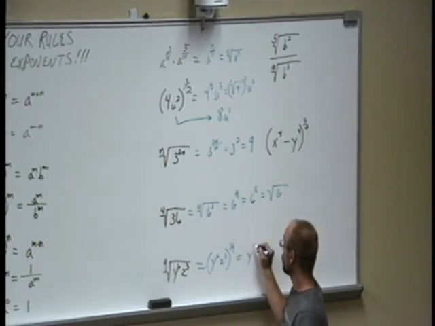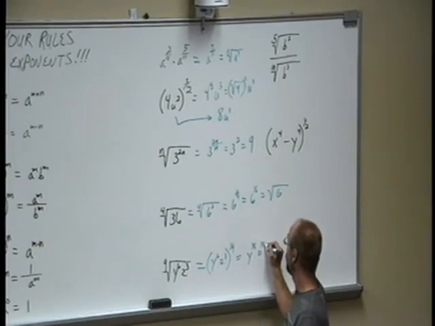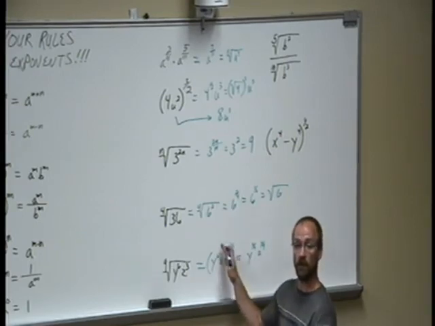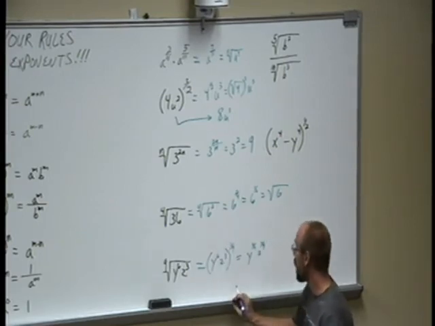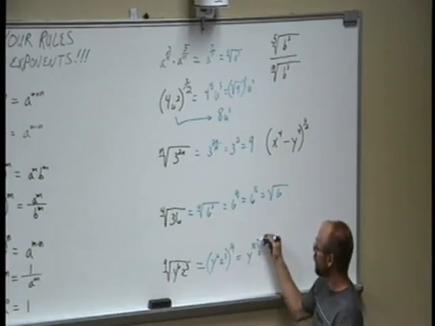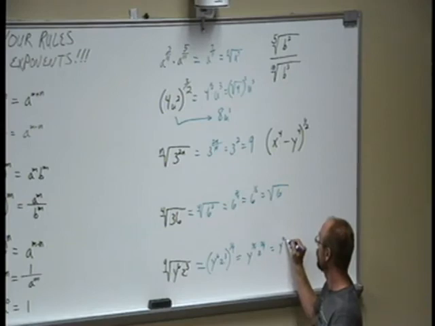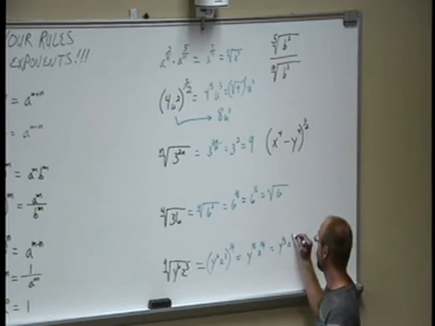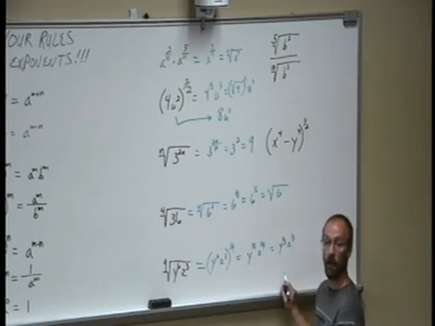Y to the 6th over 9, z to the 3 over 9, just by distributing that using our power of a product. And now we can simplify it. What is 6 over 9? That's 2/3. Y to the 2/3 power. And z to the 3/9 power would be z to the 1/3 power.